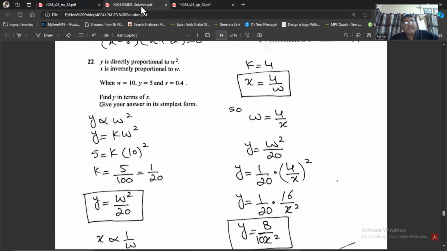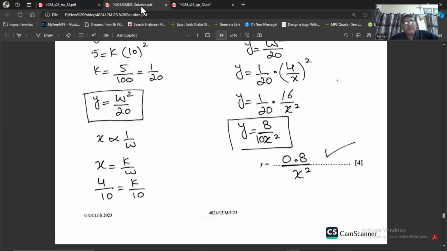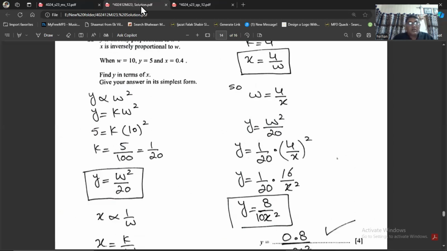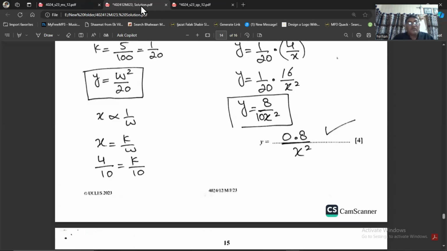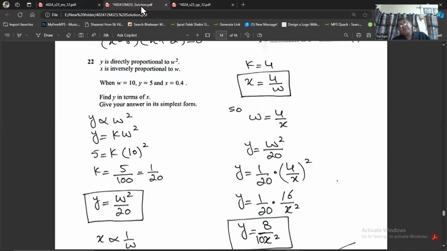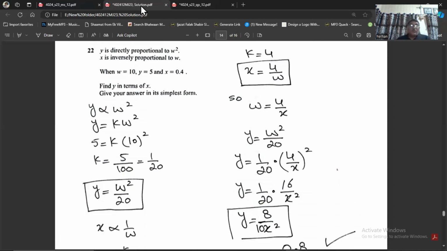He says when the x is 0.4, the w is equals to 10. So 0.4 means 4 by 10. So that will be equals to k by w. So the k will be equals to 4, I think. Yeah, and the equation will become x is equals to 4 by w.